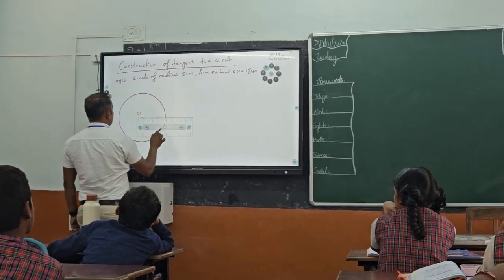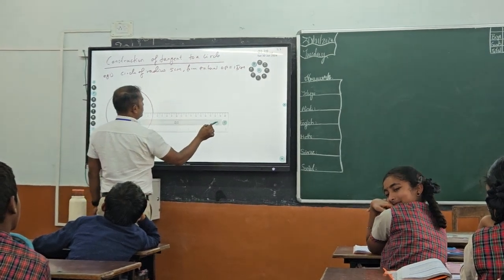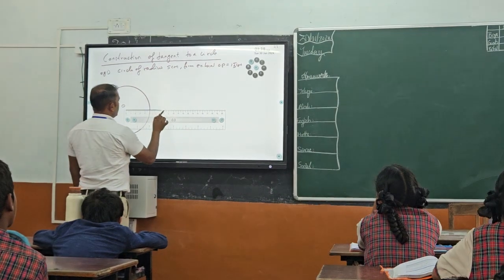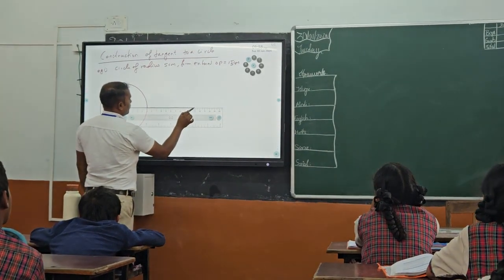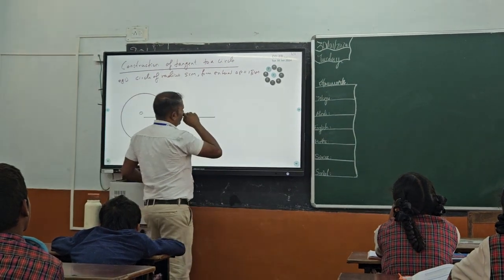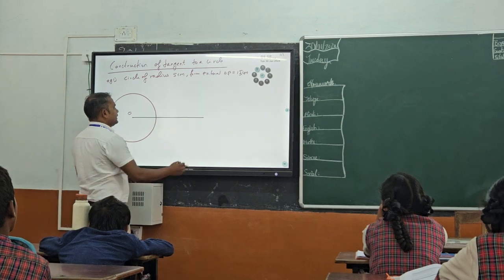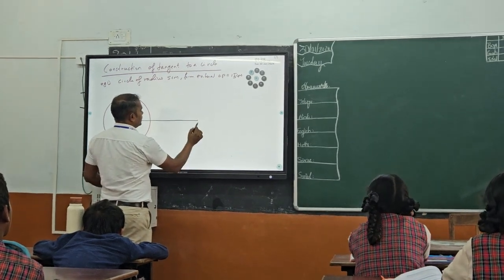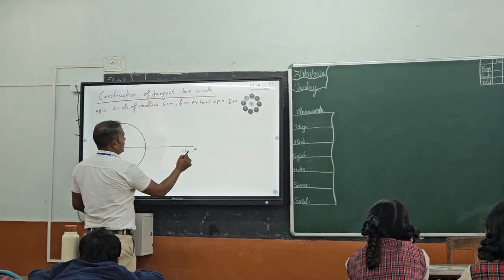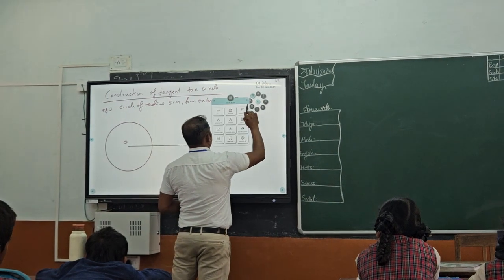Place the ruler, 15 centimeters. Now first draw a circle of radius 5 centimeters, taking O as the center, and with length OP as 15 centimeters.